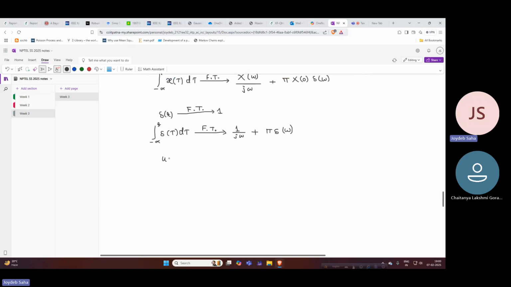So the Fourier transform of u(t) is one upon j omega plus pi delta omega.